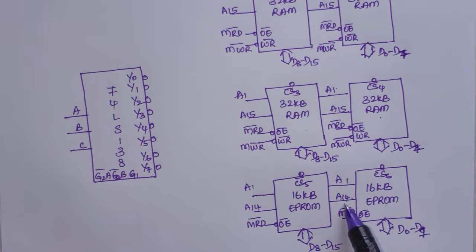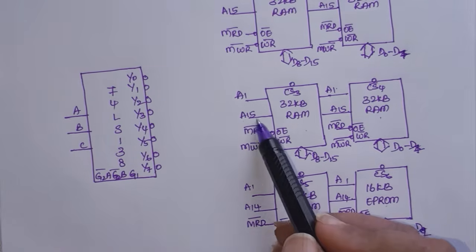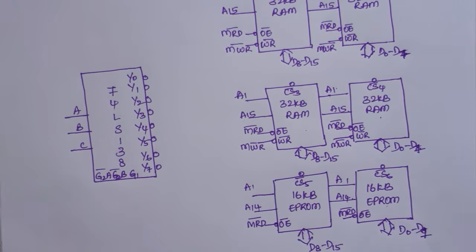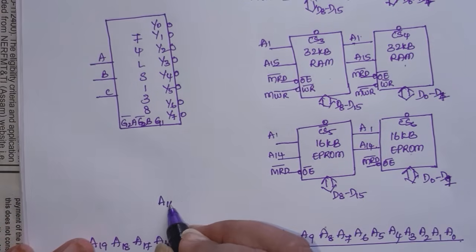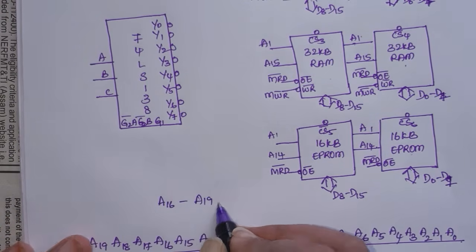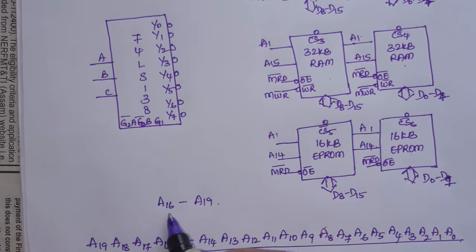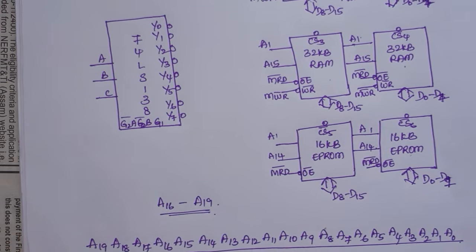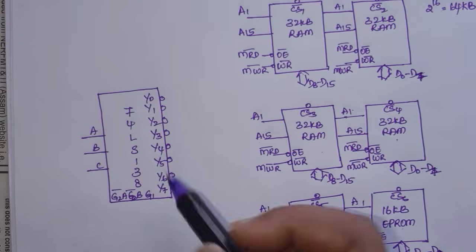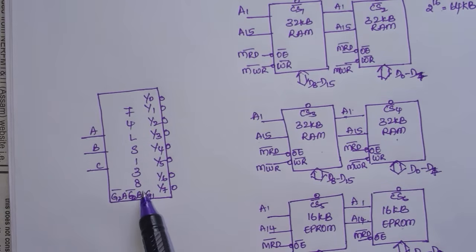Okay, so A1 to A14 are used here. Now we have used till A15. Now we are left with address lines A16 to A19. So these address lines are to be decoded. So we have used here 74LS138 decoder.